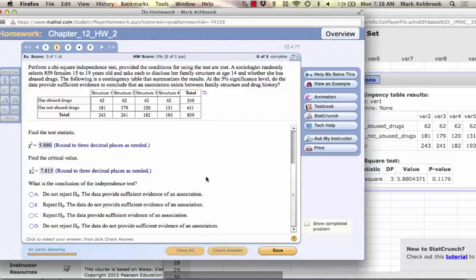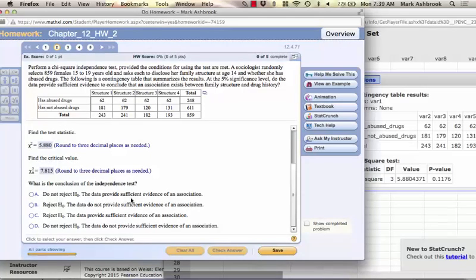So we're going to compare 5.88 and 7.815. Do we reject or not reject, first of all? Our statistic that's reflecting this data is 5.88, and our critical value for comparison is 7.815. Reject or not reject? Do not reject.